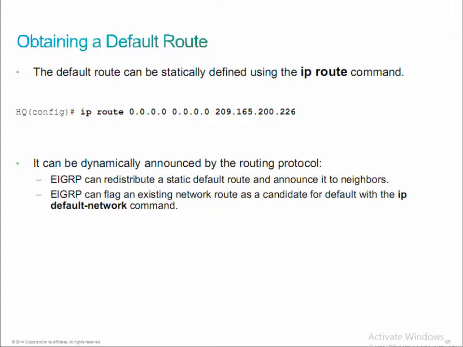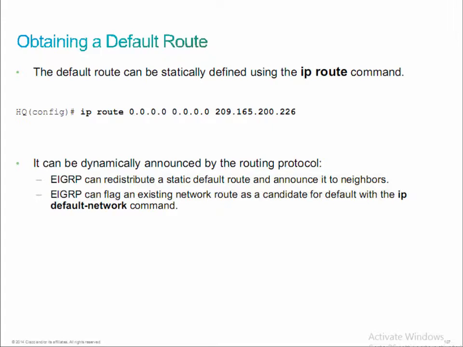We can choose to redistribute that static route into EIGRP, or we can use something called the IP default-network command. In OSPF, we have something called default-information originate. In RIP, we had something called default-information originate. Unfortunately, we don't have that option in EIGRP.